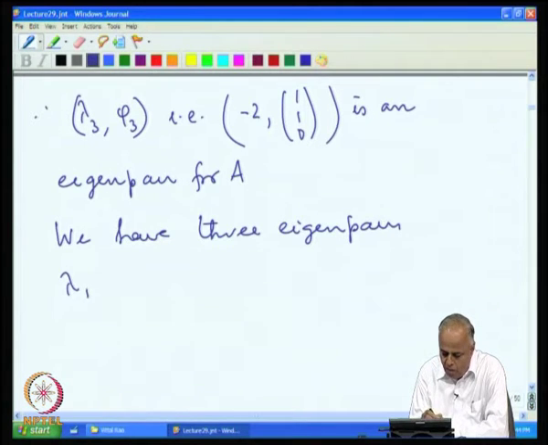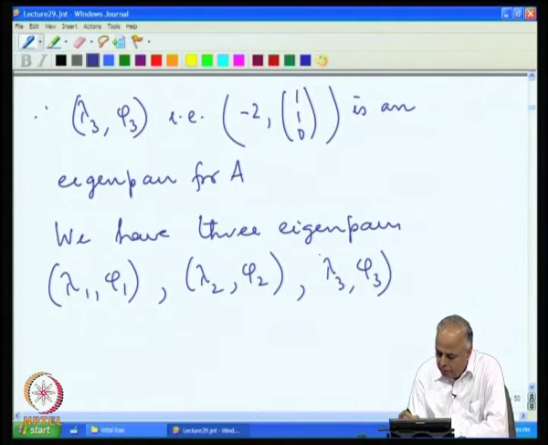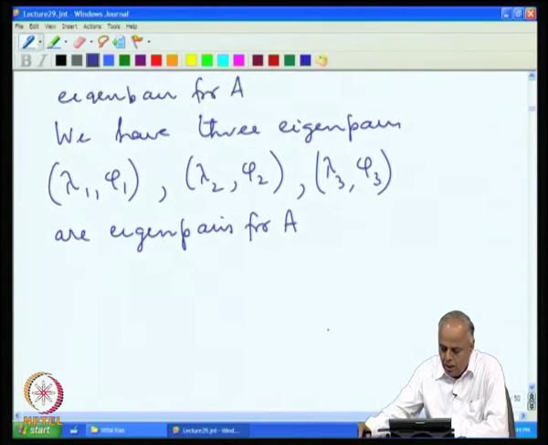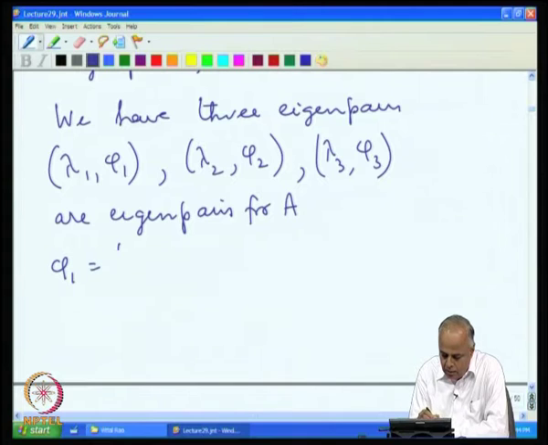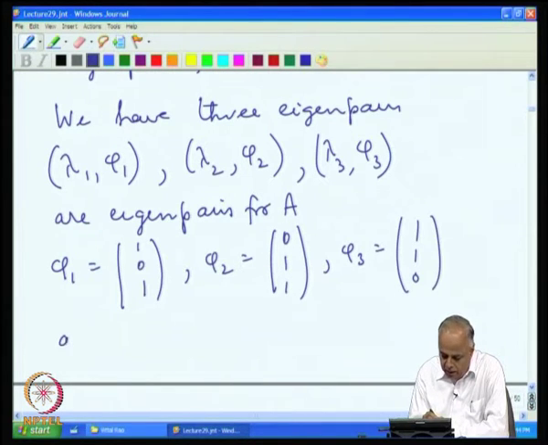What were they? Lambda 1 phi 1, where lambda 1 was 4 and phi 1 was 1 0 1, lambda 2 phi 2, where lambda 2 was 2 and phi 2 was 0 1 1, lambda 3 phi 3, where lambda 3 was minus 2 and phi 3 was 1 1 0, are eigenpairs for A, and phi 1 which was 1 0 1, phi 2 which was 0 1 1, phi 3 which was 1 1 0 are clearly linearly independent.